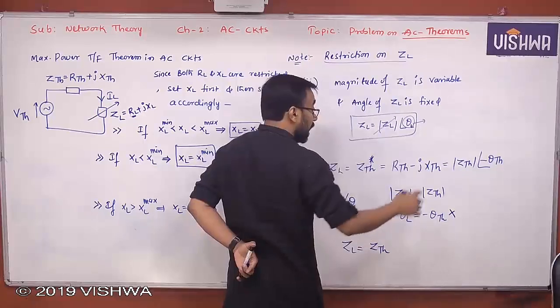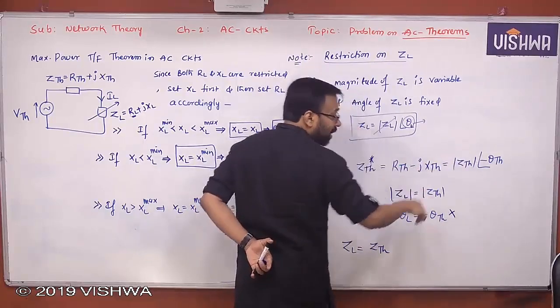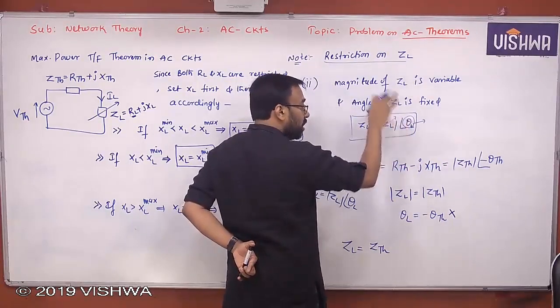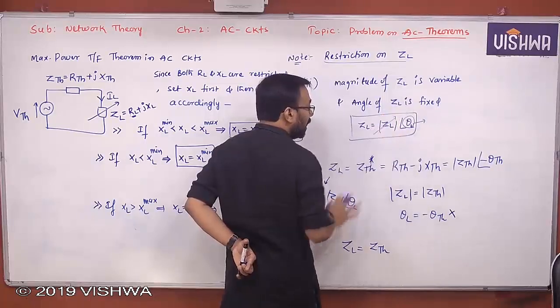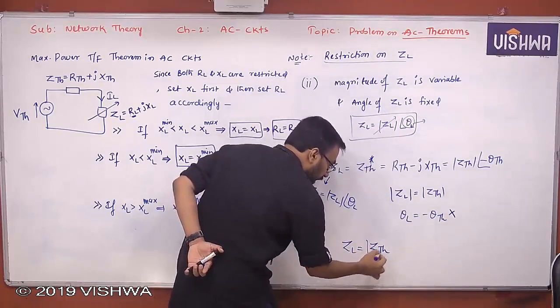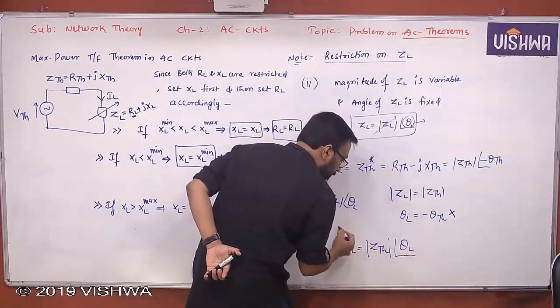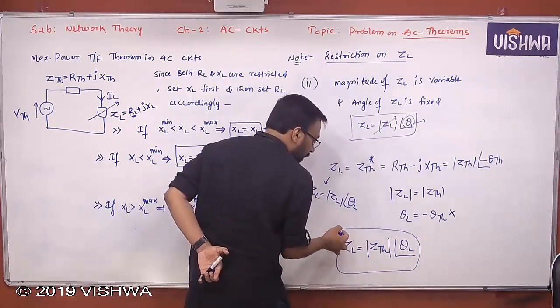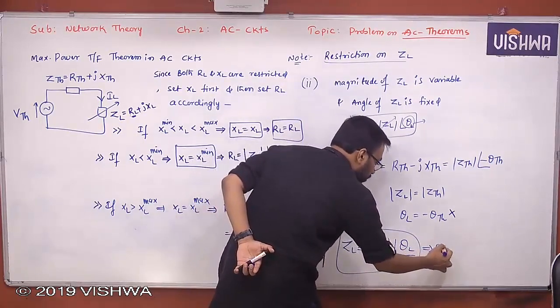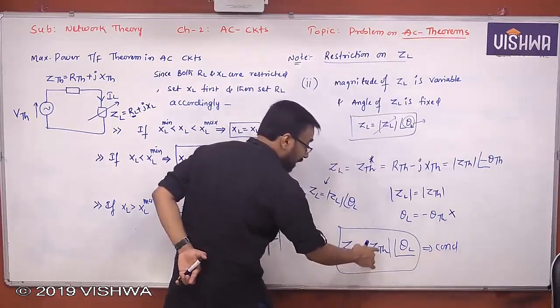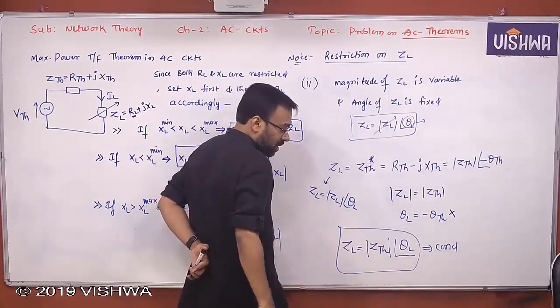I also know the angle, but I don't take that angle, because you are putting a restriction that you are supposed to take this angle only. Therefore, the condition for maximum power transfer under this restriction will be |ZTH| at an angle of theta L. I hope you understand this.